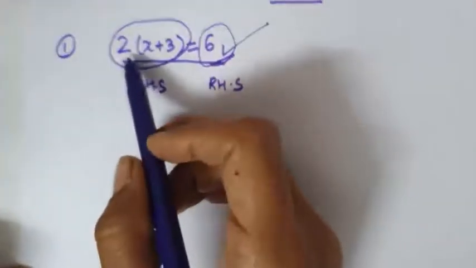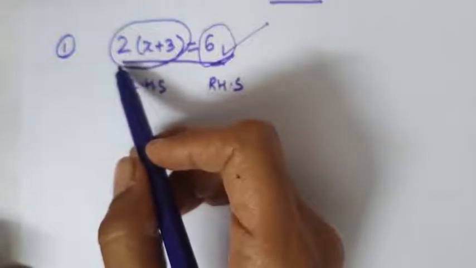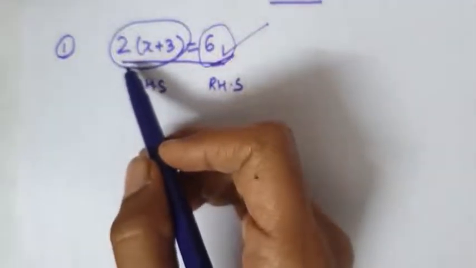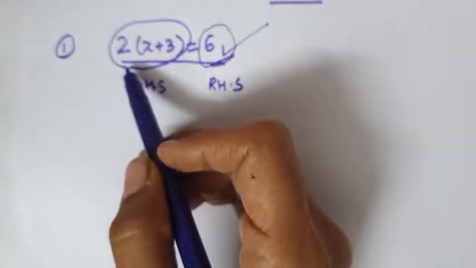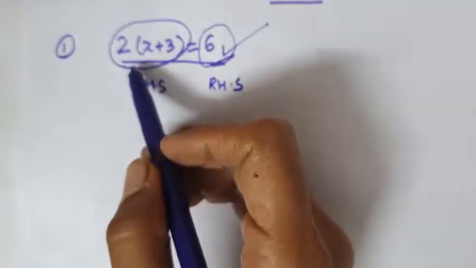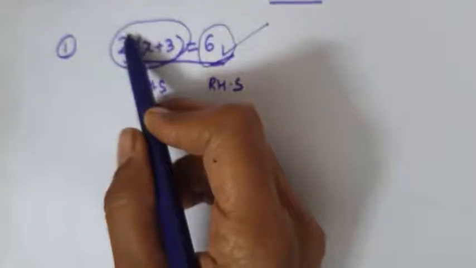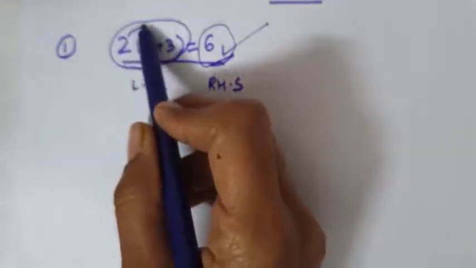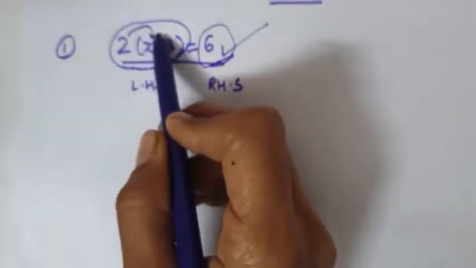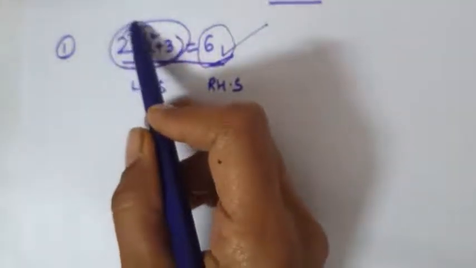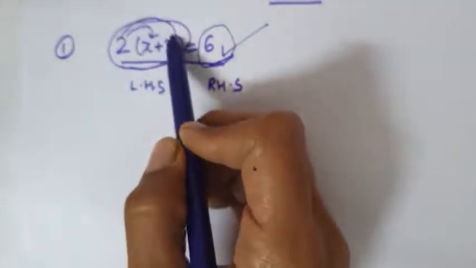We have just discussed in the first video how we can multiply expressions. Now this 2 will first multiply with x, then it will multiply with 3.